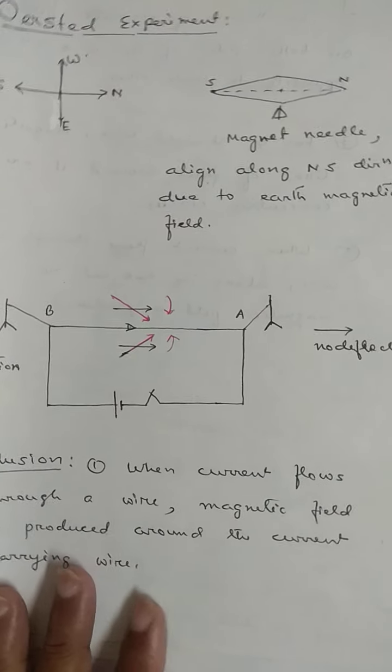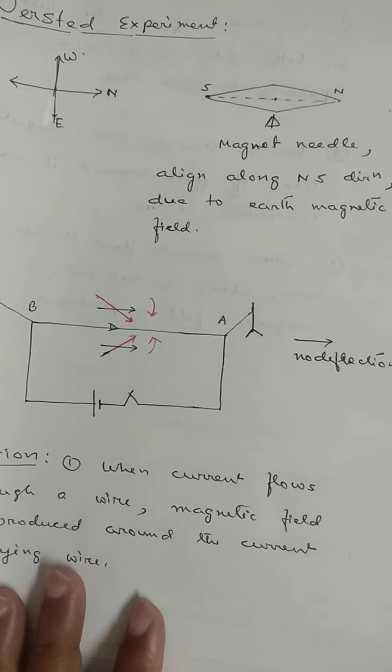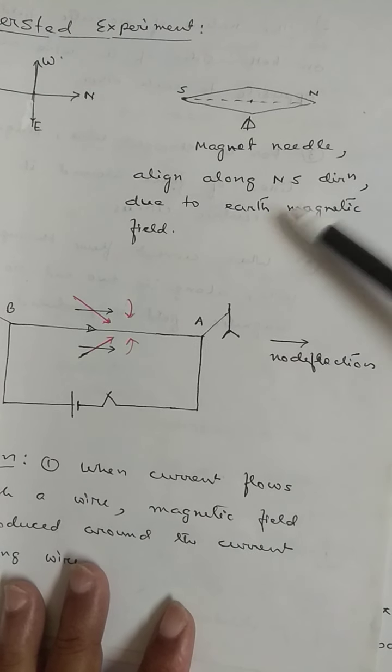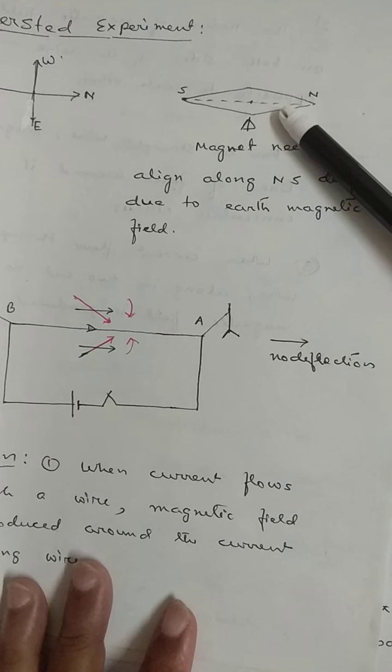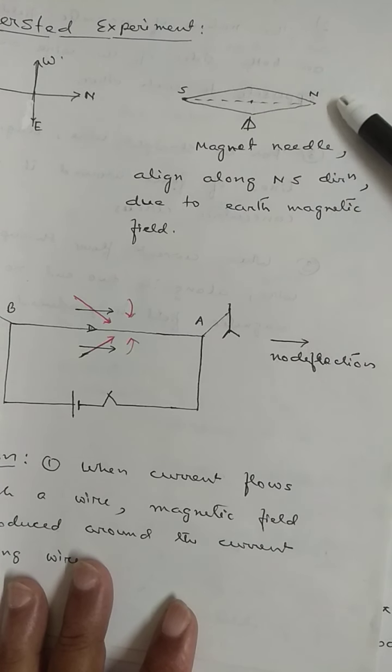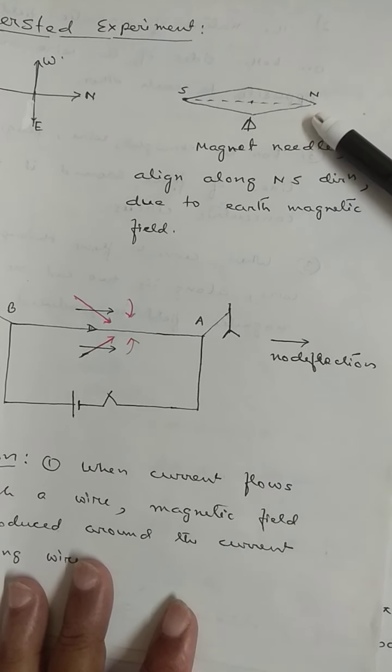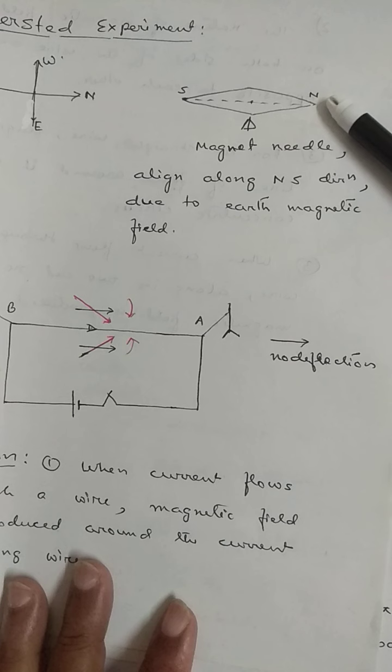We know that Earth behaves like a magnet, and therefore, if a magnetic needle is freely suspended on the Earth's surface, it always aligns along the geographic north-south direction. It is because of the Earth's magnetic field.